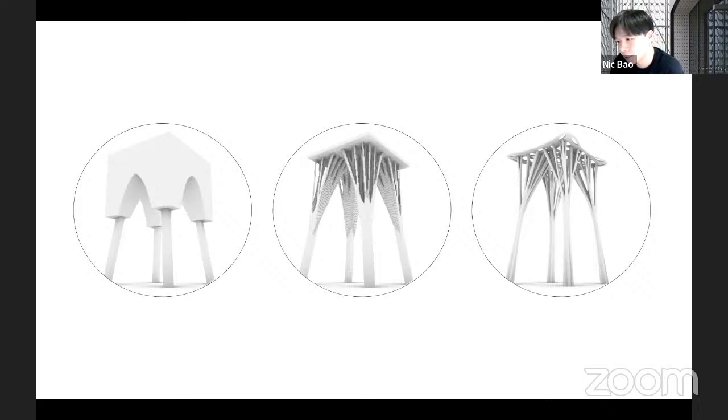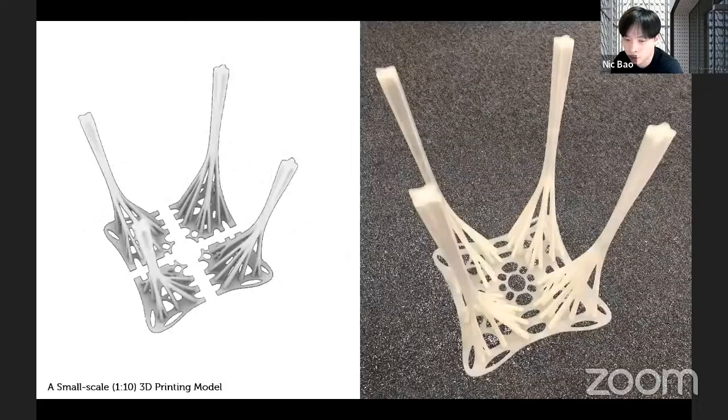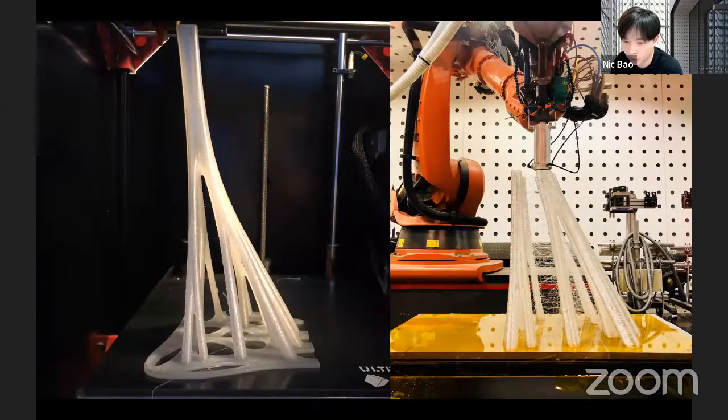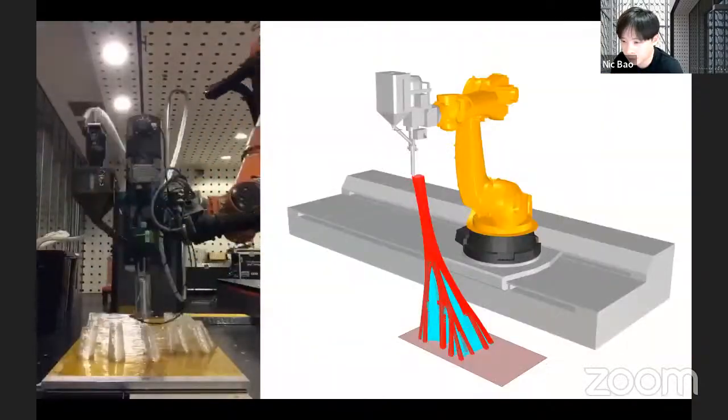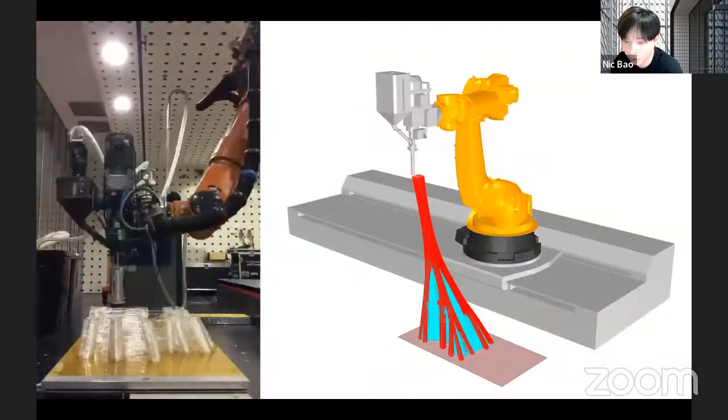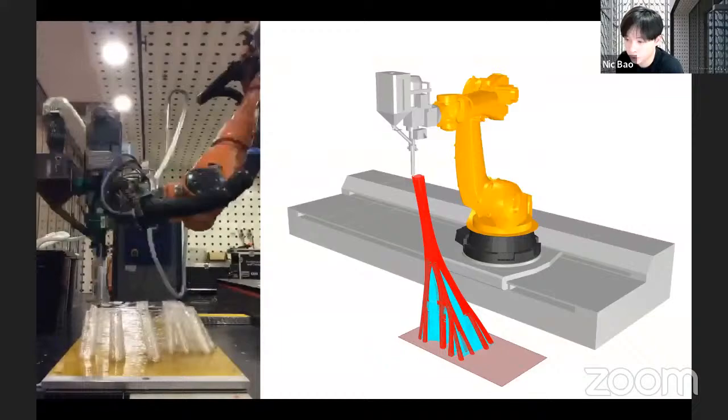This was a very experimental integrated topology optimization and robotic fabrication project at the beginning. We tested the 3D model using a small-scale 3D printer, and later moved on to the robot at MIT to print the column using the KUKA 150.